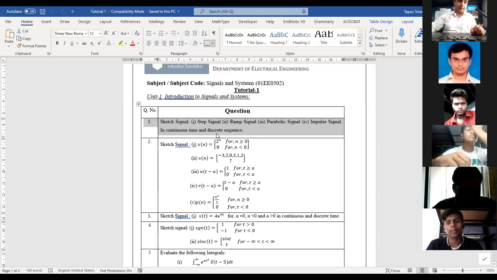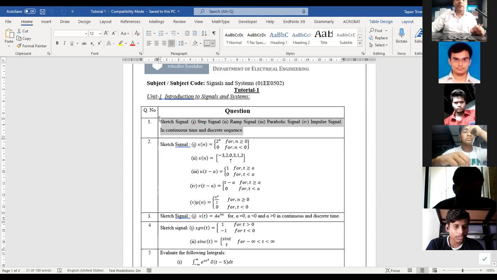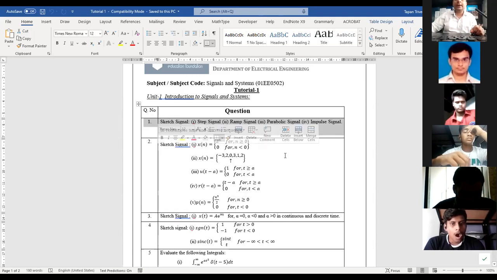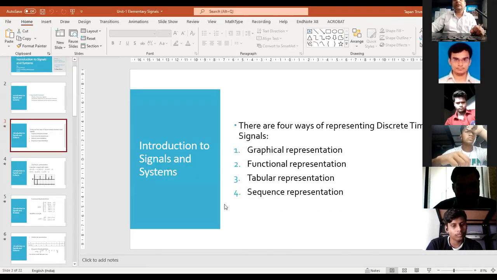Now in the final examination, you may be asked to draw signals like this, not here. But before you sketch these signals, you need to understand the basics of signals also. Okay. So let us begin with elementary signals.